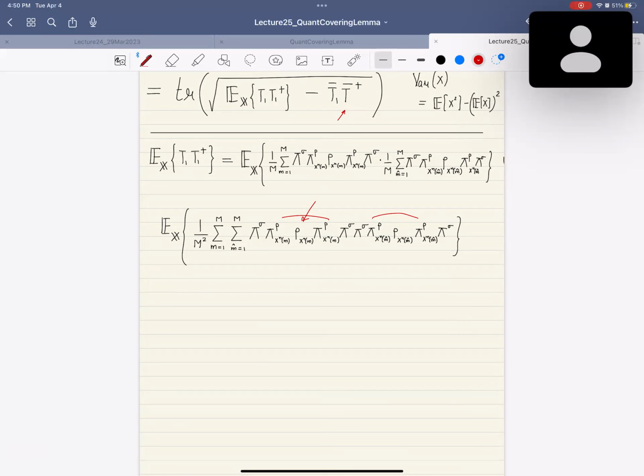Yeah, I'm planning to have a little bit extra class and finish. What I'm planning is the following: I will finish this covering lemma. I have done the packing lemma and the covering lemma, and this is the asymptotic thing. I will give you a sense for what is called one-shot quantum information theory.